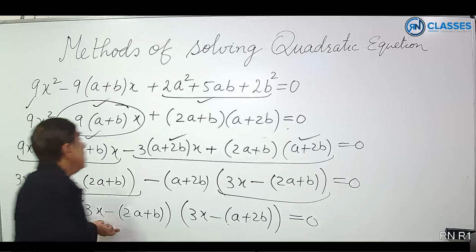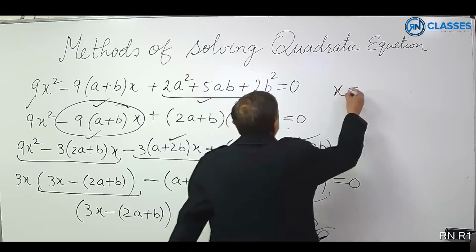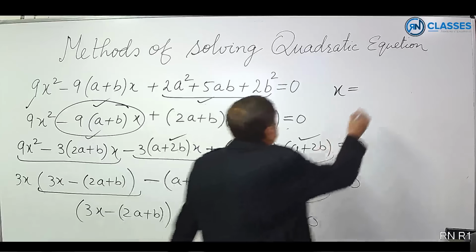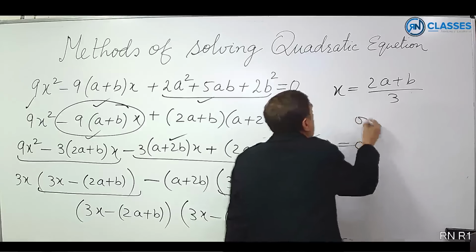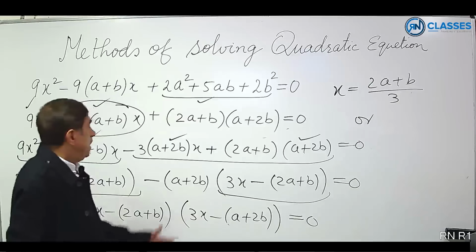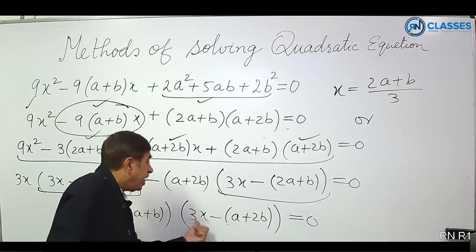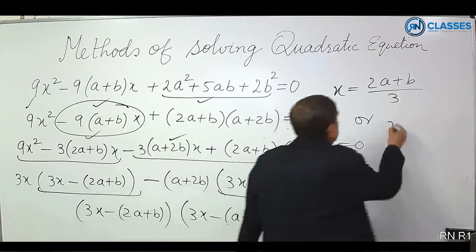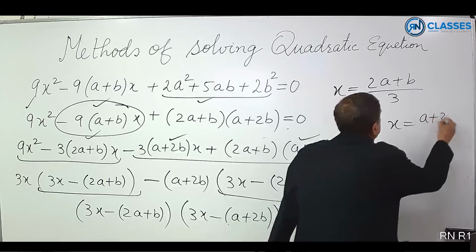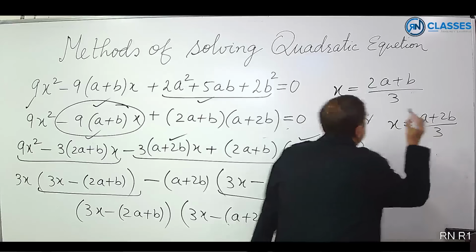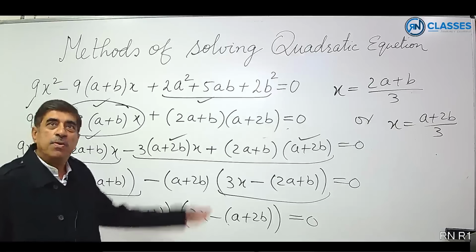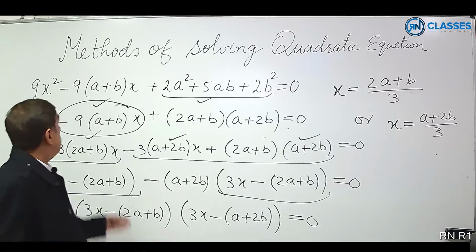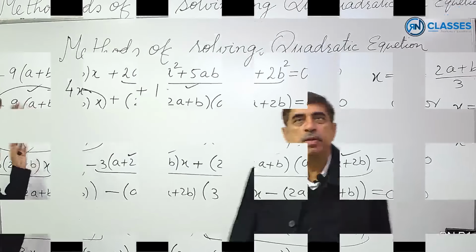Either first is 0: if first is 0, 3x equal to 2a plus b, x equal to 2a plus b by 3. Or, if this is 0, 3x equal to a plus 2b, x equal to a plus 2b by 3. Completes the problem. Here, I solve this question by method of factorization, by splitting the middle term.